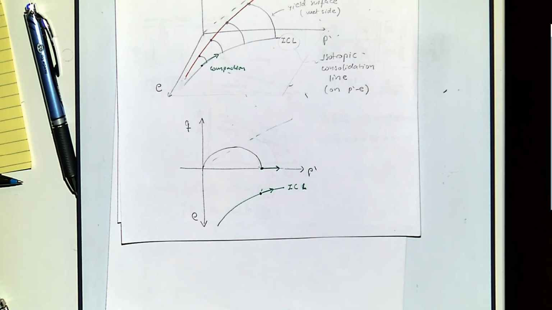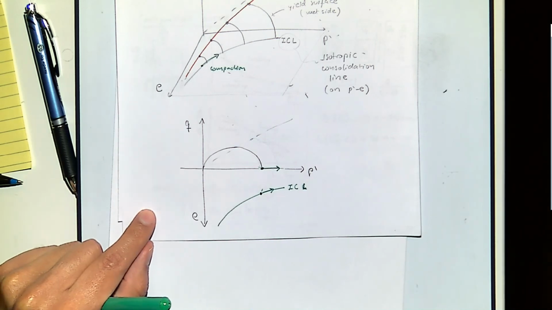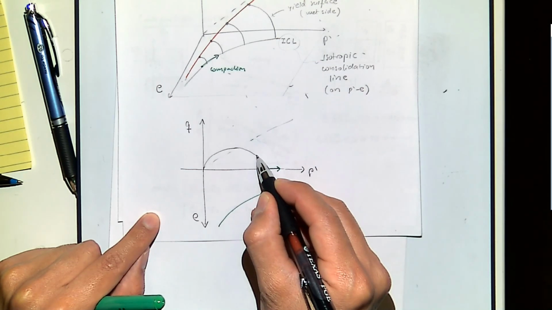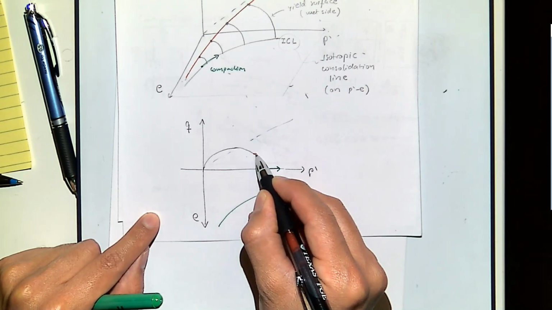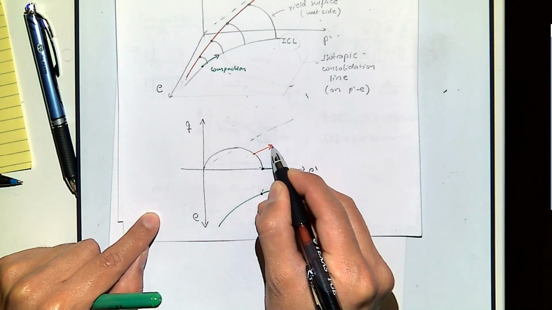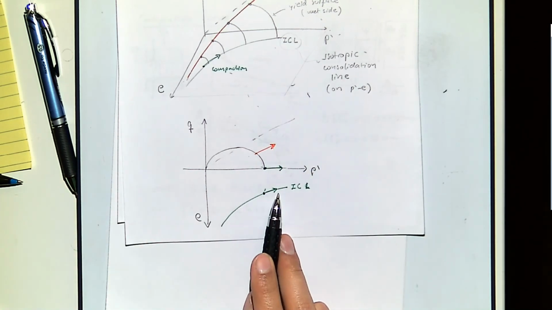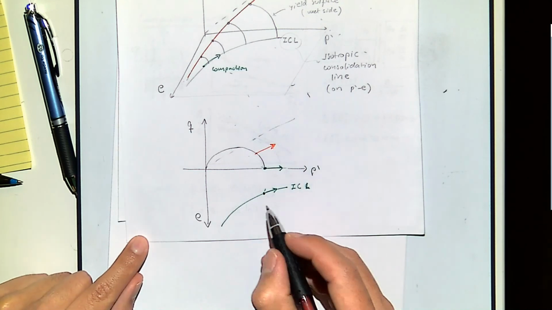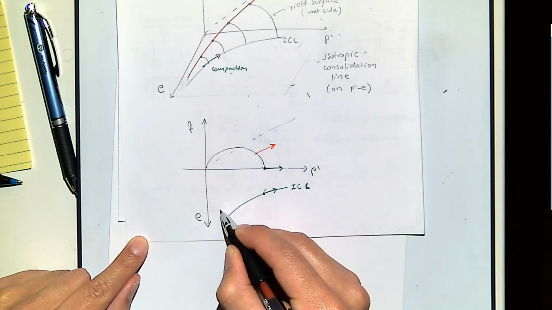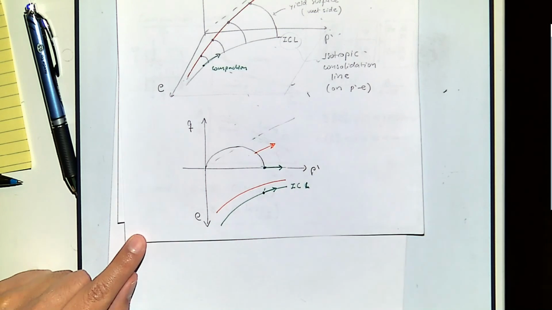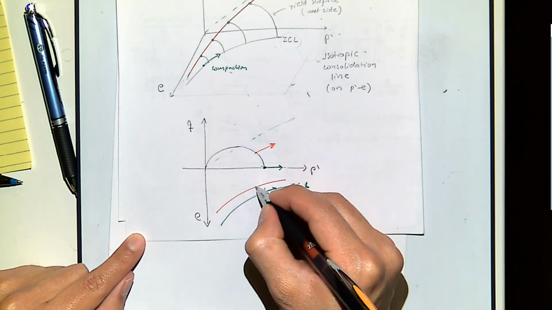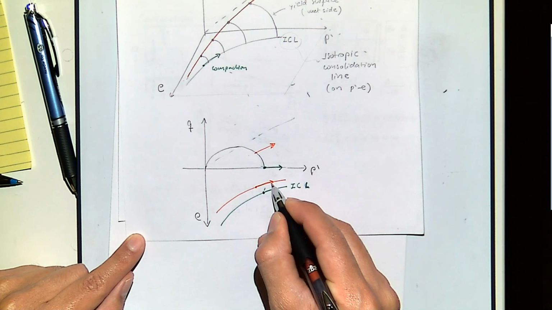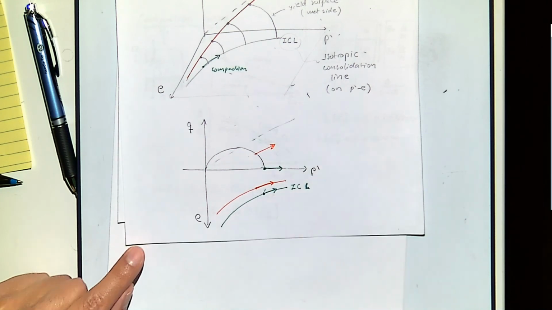However, we don't see that very often in real applications, and the most common application that we saw is the 1D strain path, and that would be a path that goes somewhere over here. It's not this isotropic consolidation line. That's going to be another line which is more or less parallel to that line, and in this case you go this way. So it's not exactly the same thing, but it is similar.